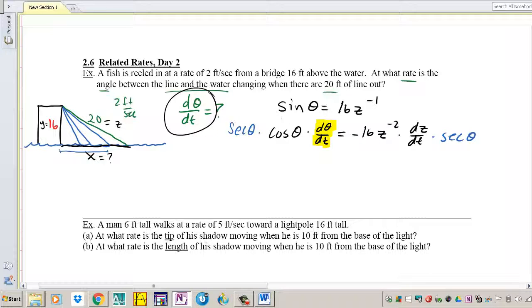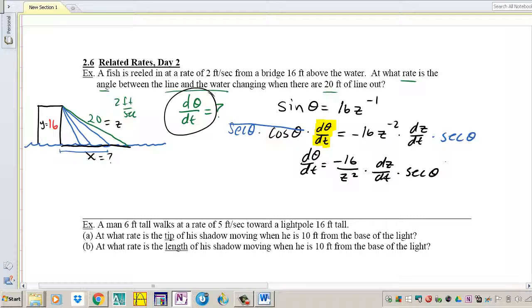Secant times cosine cancels, leaving me with d theta dt. Remember that negative 2 power is the reciprocal, so I can bring z to the bottom as a positive 2 power. dz dt times secant theta.